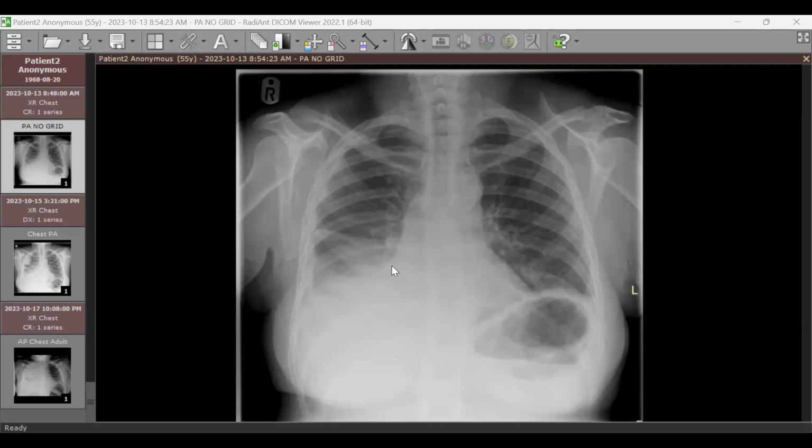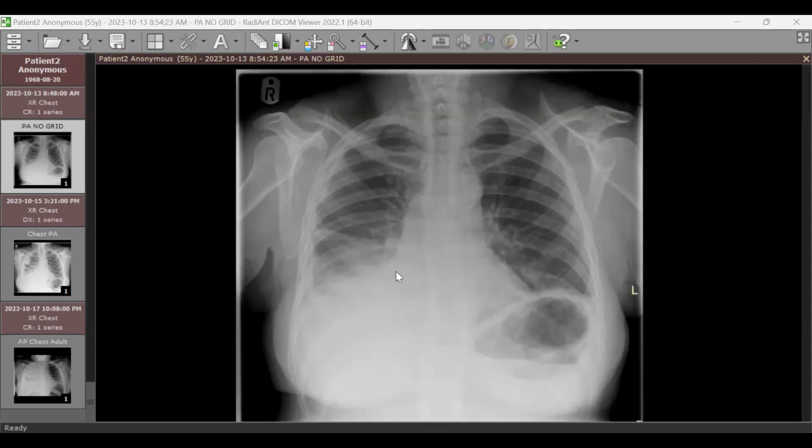This lobe is collapsed. No, it's consolidated, we said. Which lobe? The one bordering the right heart border. The right middle and right lower, maybe. Good. The right middle lobe is here, and there is silhouette sign with the right heart border, and the right lower lobe is silhouetting the right hemidiaphragm.